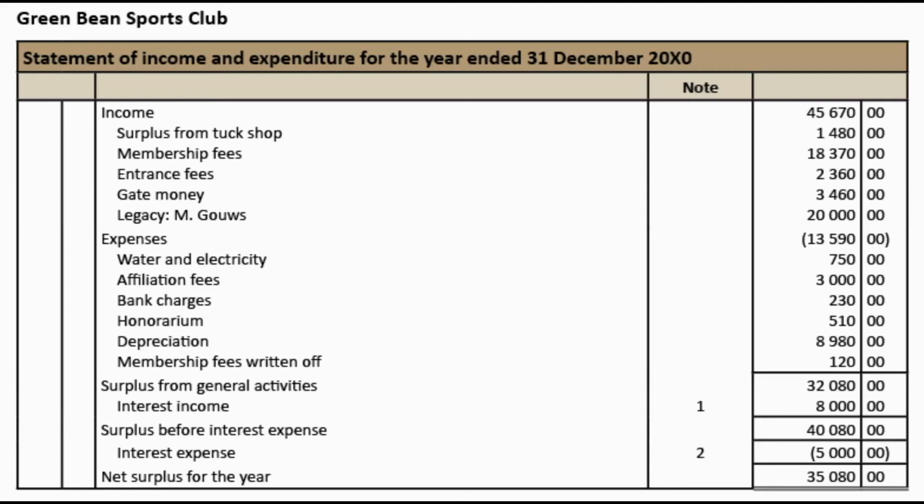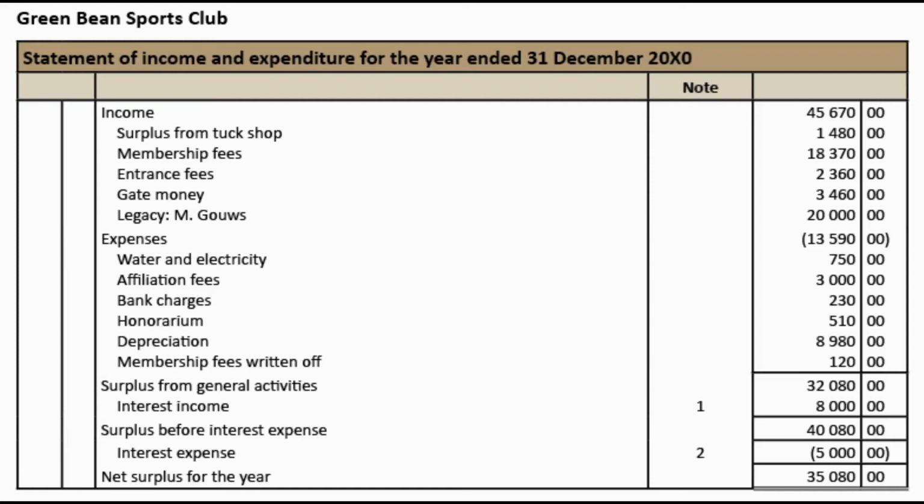Okay. And then exactly the same principle with membership fees. You open that T account because of that adjustment that you had to write off. Remember, the adjustment was you write the rest off. Okay, so it was 120. So you credited membership fees with the adjustment and debited membership fees written off. And that is where we get that 120 from.